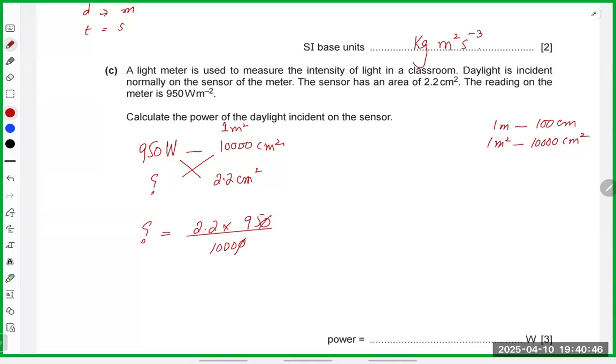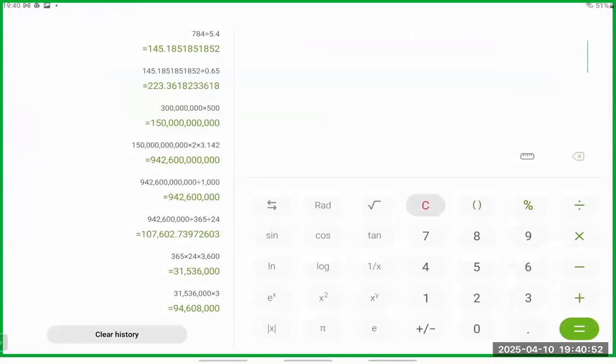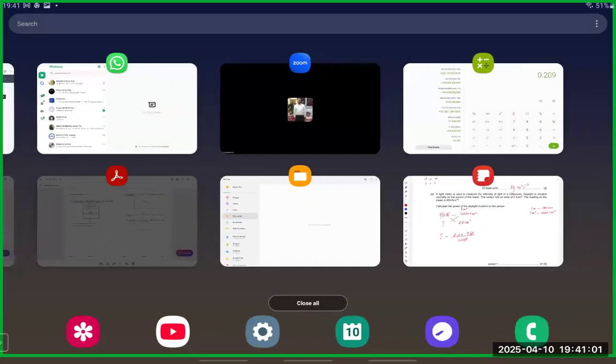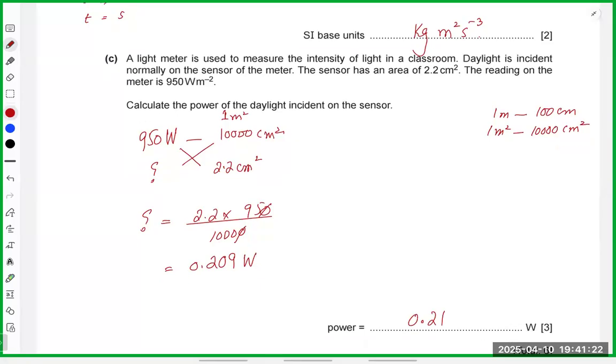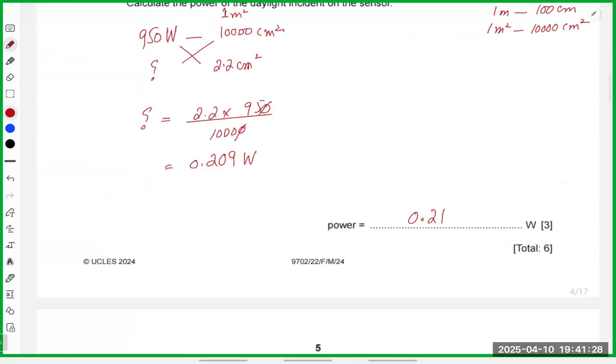So let's use the calculator. 0.22 into 0.95 is 0.209 watt. You can make it 0.21 watt if you want to answer in two significant figures. And if you are good with three significant figures, then it has to be 0.209. Okay, that is question number one.